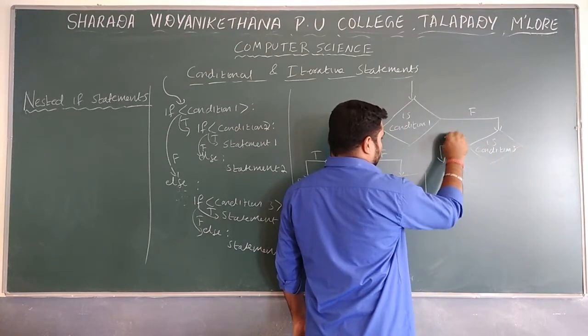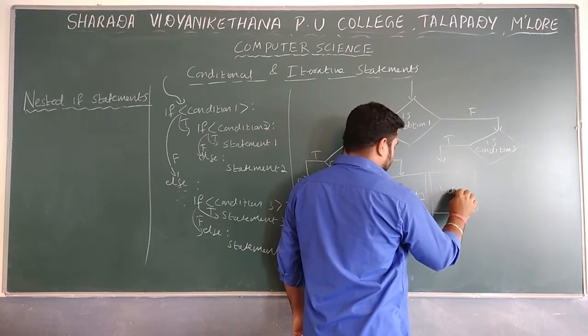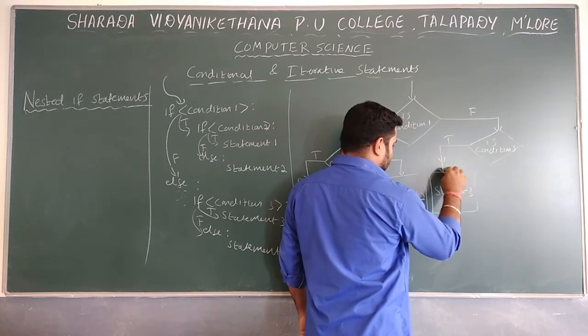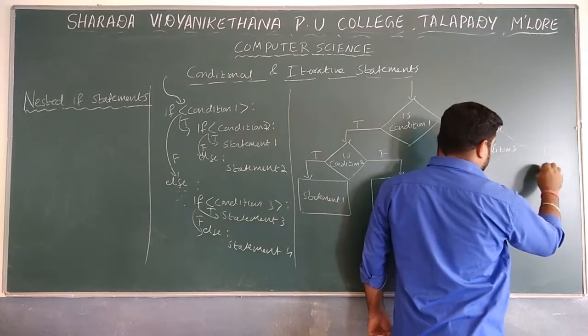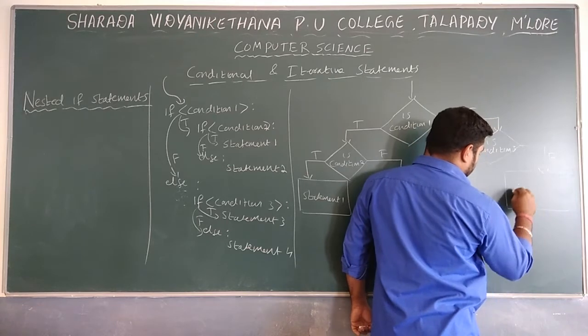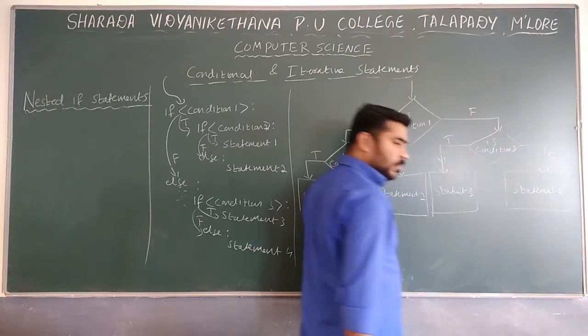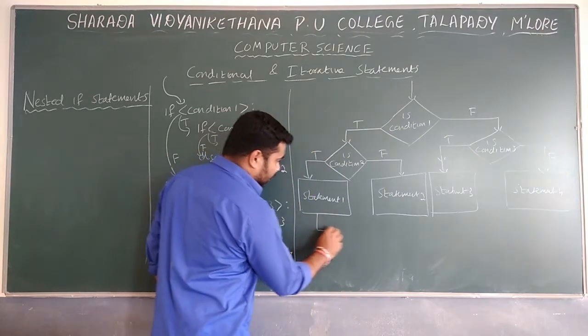Whenever condition 3 is true, statement 3 is going to execute. Whenever condition 3 is false, it is going to execute statement 4. So these are the different statements that can execute.